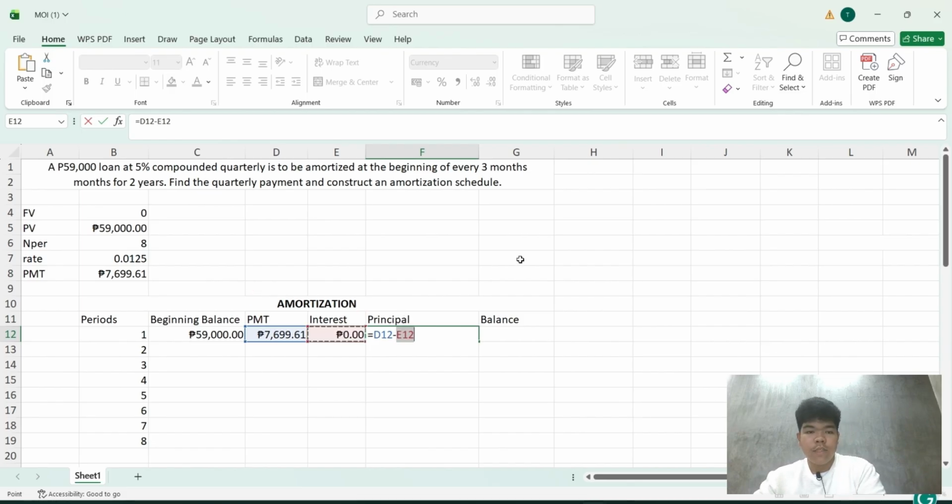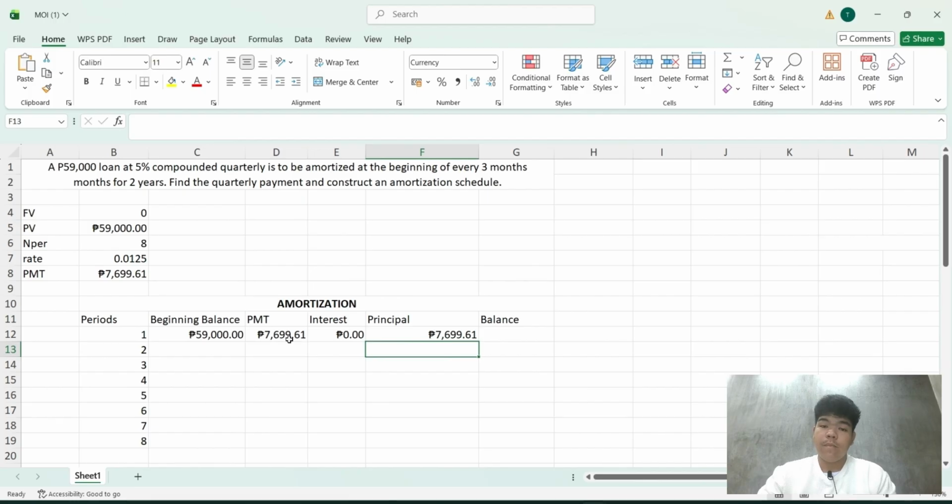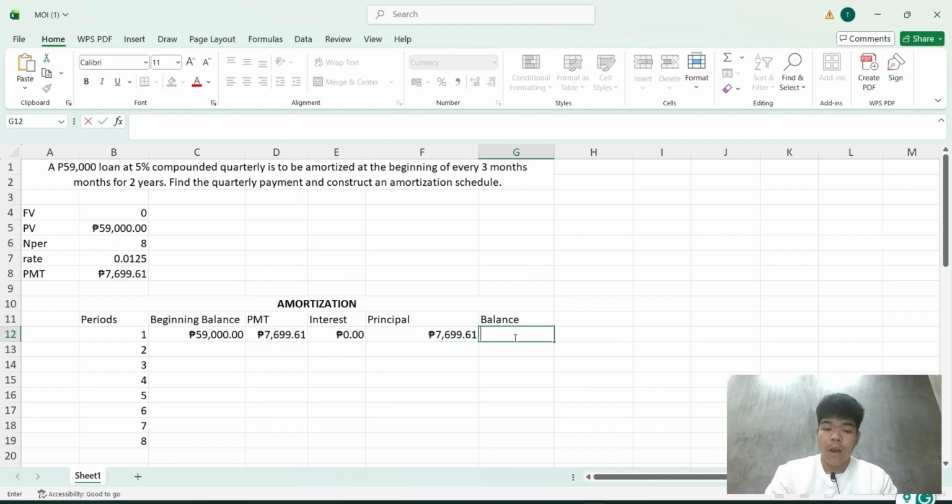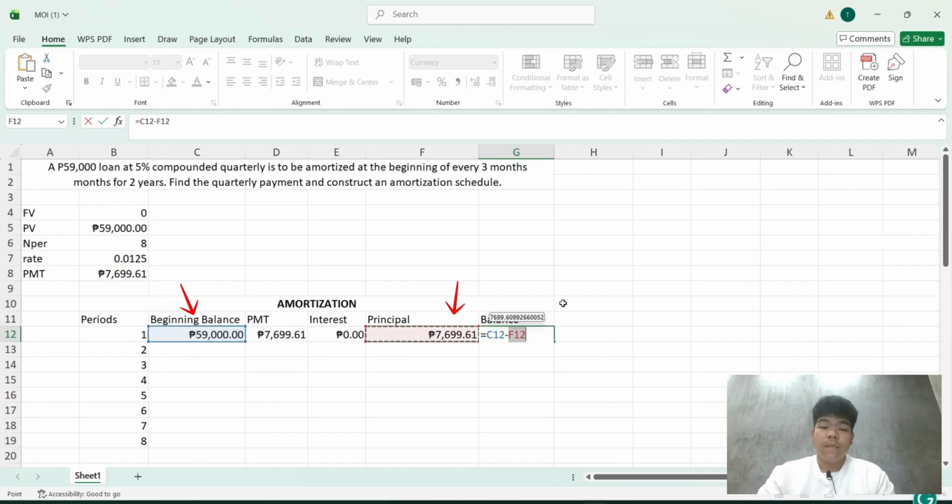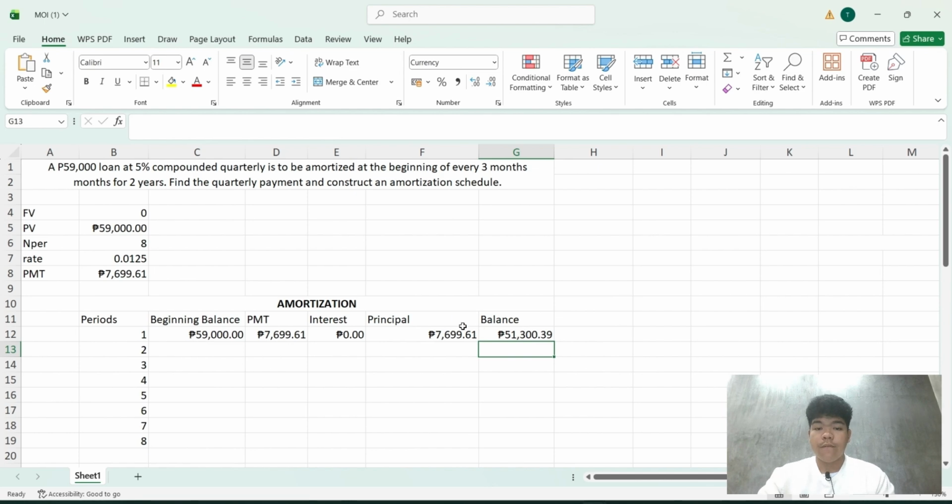Because the interest is 0, the result will be the same as our PMT. Now for the balance, we once again type the equal sign, select our beginning balance of 59,000, and subtract our principal, because the final balance is the difference between the beginning balance and our principal. Tap enter on the keyboard. Now we have our final balance.